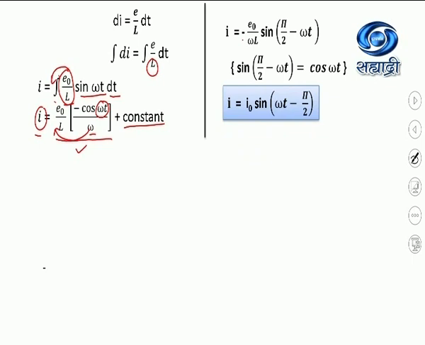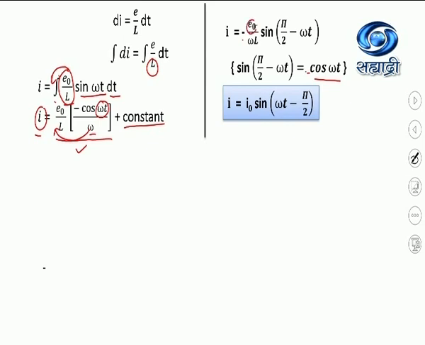Now here sine of omega t minus pi by 2 is equal to minus cos omega t. And if I treat this as negative, the terms in the bracket I will have to reverse. So minus into sine of pi by 2 minus omega t will be plus, if I interchange the terms, so plus sine of omega t minus pi by 2.